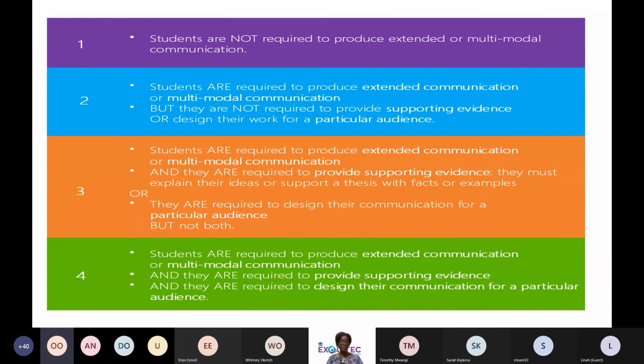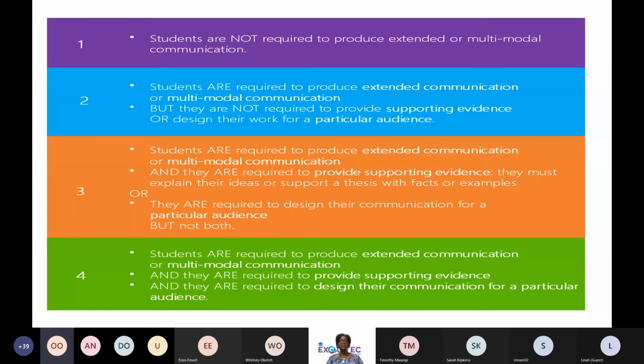That's level 3. If they are required to provide both supporting evidence and communicate to a particular audience, that's level 4. But either providing supporting evidence or addressing a particular audience is just level 3. So I think that is it about extended skilled communication.